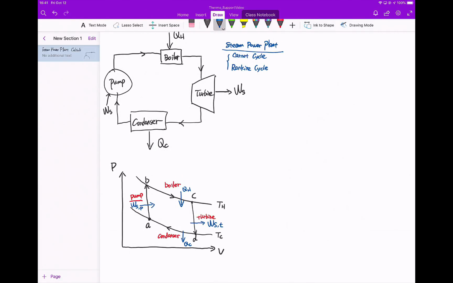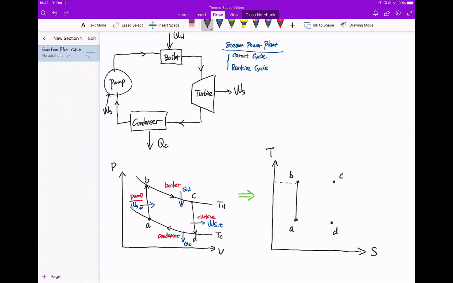to go together with that whole complete steam power plant, then I would have this. So if I'm going to convert that into a TS diagram, this is T, this is entropy, then I would have A, B, C, and D. This is the adiabatic compression.